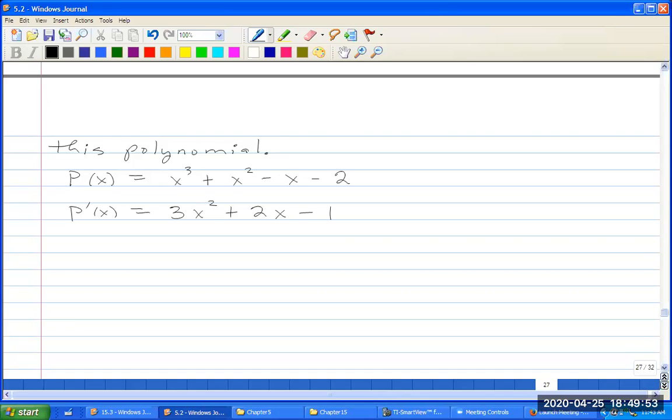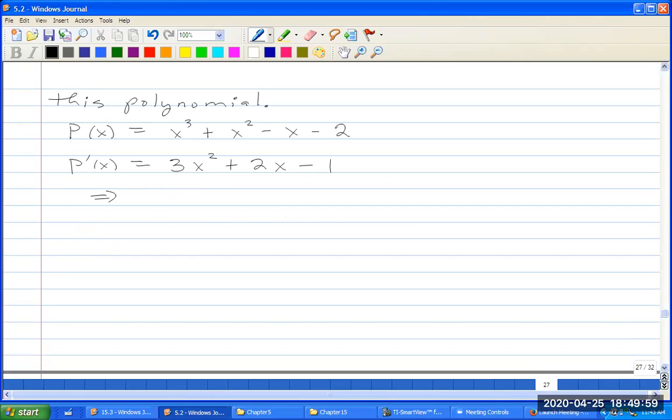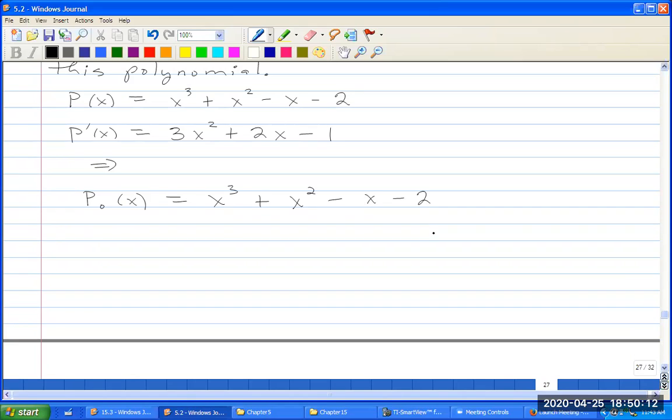From this, I get that p sub 0 of x is equal to x cubed plus x squared minus x minus 2, and p sub 1 of x is equal to 3x squared plus 2x minus 1.